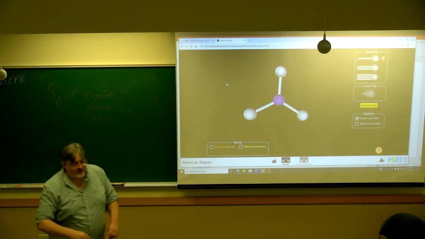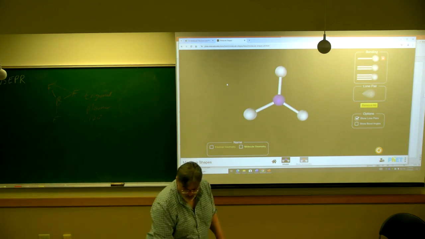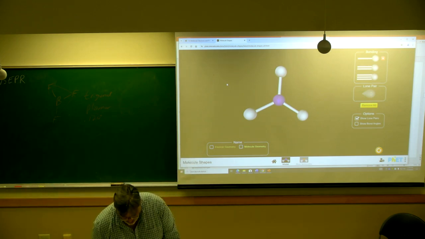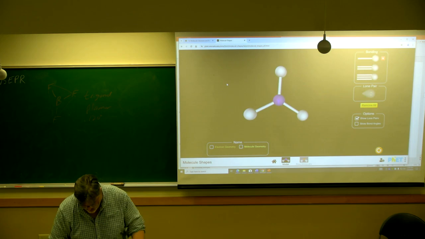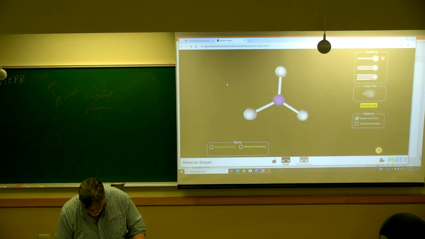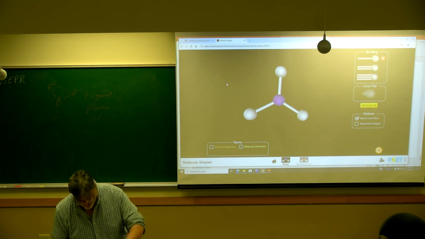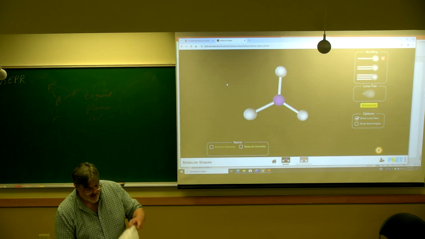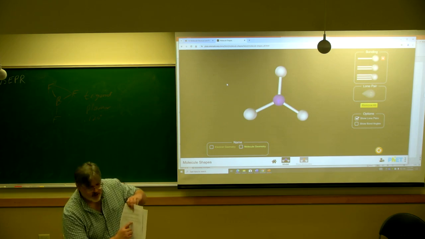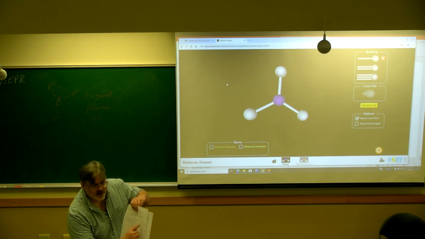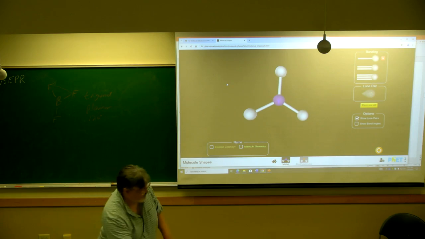So everything down that first column, I think your lab mentions this, so I'll mention it. You look at it and you say, so for your lab, today's lab, you see electron geometry and molecular shape. Those two things are closely related.